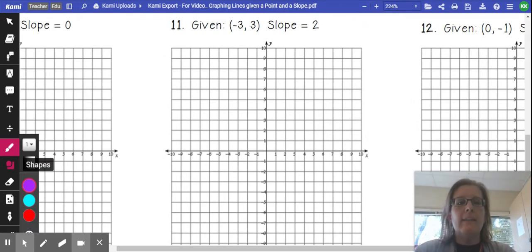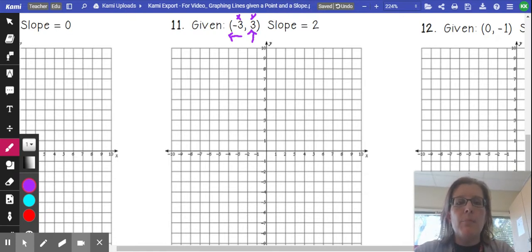Here is our second example. Given the point (-3, 3) and a slope of 2, we need to graph this line. So my point (-3, 3), because my x-coordinate is a negative, that tells me to go to the left. Since my y-coordinate is a positive, that tells me I will go up.